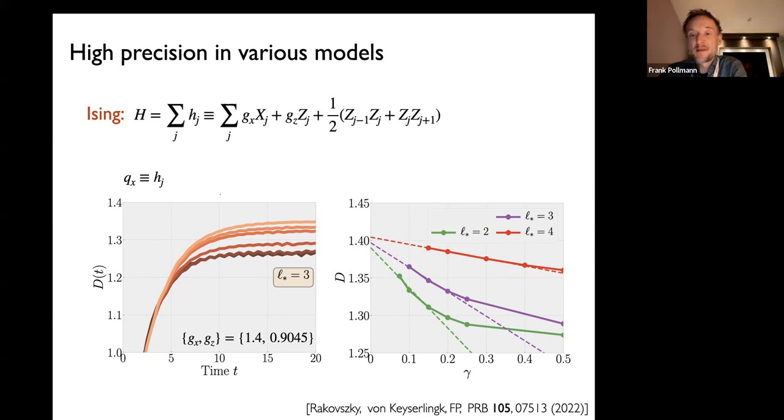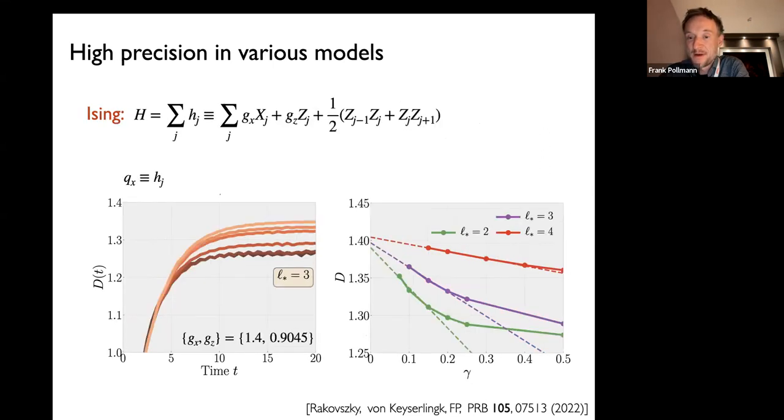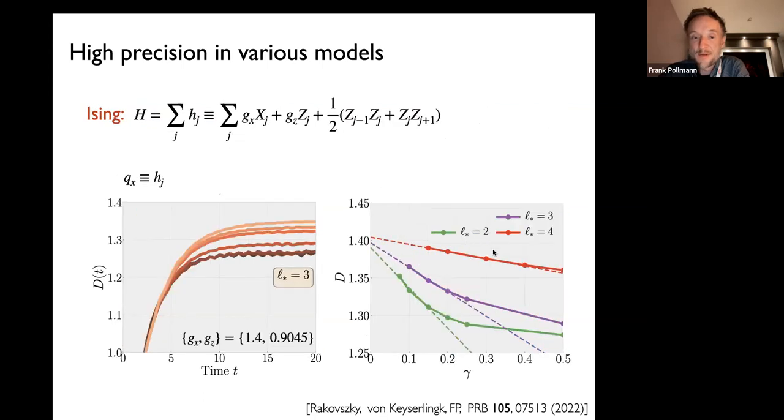So that's why here, if you just have this XX ladder where we're only interested in total SZ conservation, we can even just do L star equals 1, right? If we in this case were to use L star equals 2, the energy correlation function would go down exponentially, and we wouldn't get anything meaningful out of it.